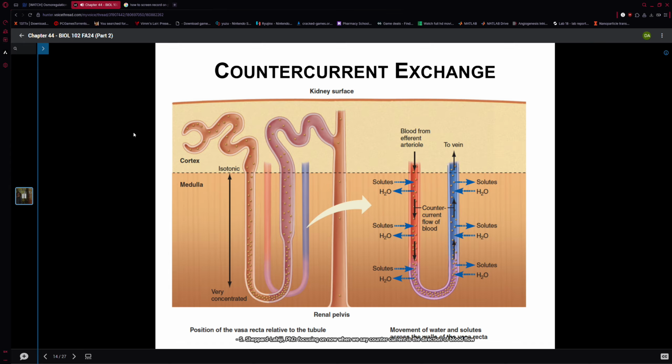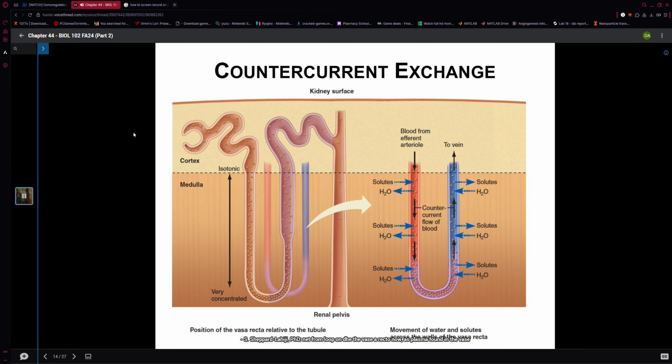What we're focusing on now when we say countercurrent is the direction of blood flow. We can see that the direction is opposite, and we're focusing on the type of capillary that is found along the nephron loops. So the countercurrent exchange is about the communication that takes place between the nephron loop and the vasa recta.